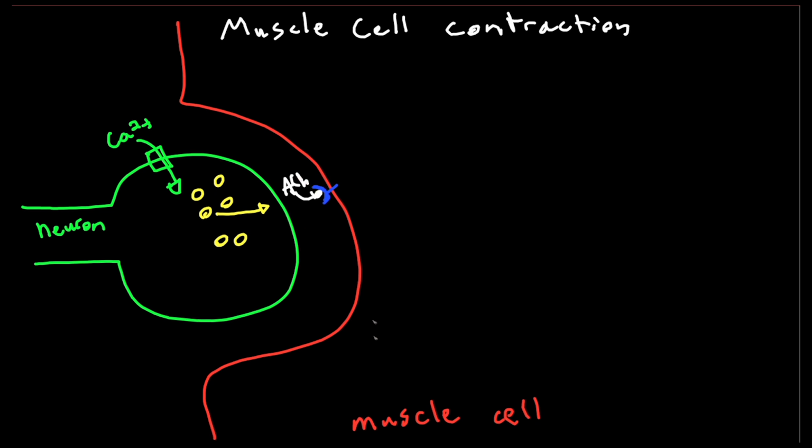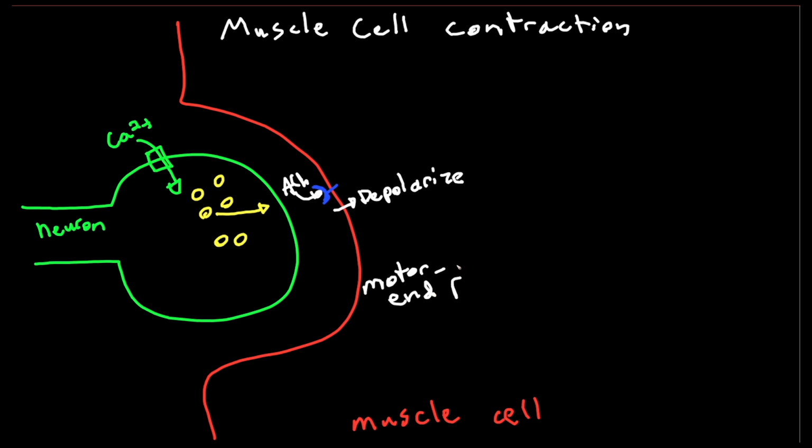So that's how it first initiates, and then once it binds here, it'll cause this membrane to depolarize. And this depolarization of this, what they call this is a motor end plate. It's just pretty much the portion of membrane that is coupled to this neuronal axon.